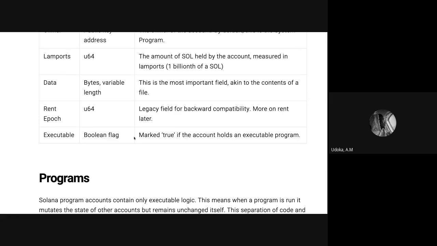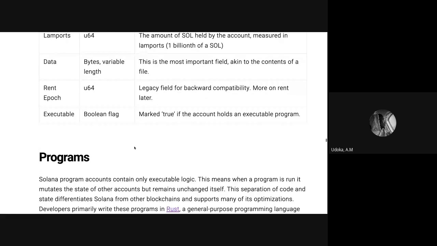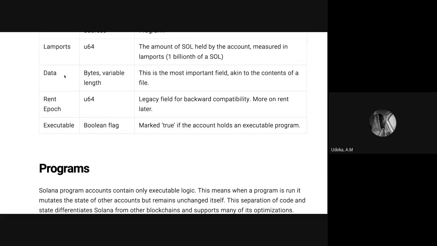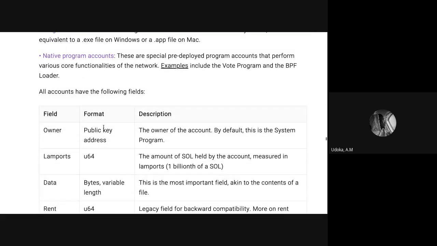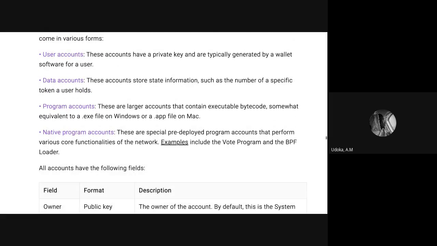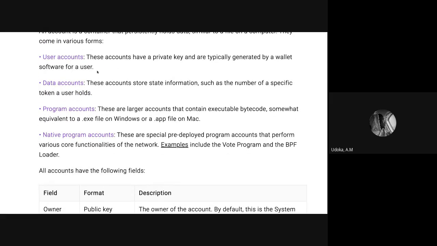This is for the context of this actual documentation. Then executable. This takes us to what I wanted to talk about when I was talking about data on the account. The account is either an executable account or a non-executable account. Accounts like user accounts, the ones you use to transact with the chain, are not executable accounts.